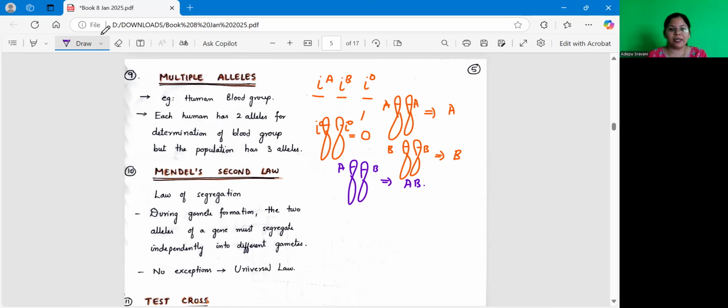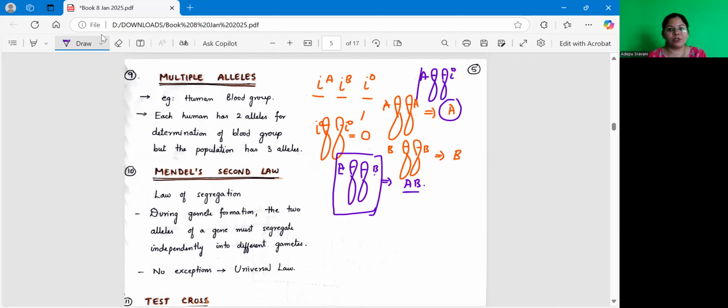Here, an individual can have only two types of alleles. Either he can have A and B, or A and A, or a person with blood group A can also have a condition like A and IO.